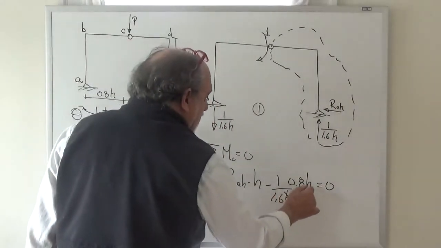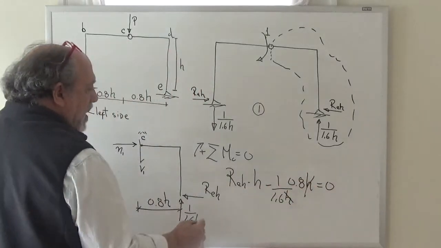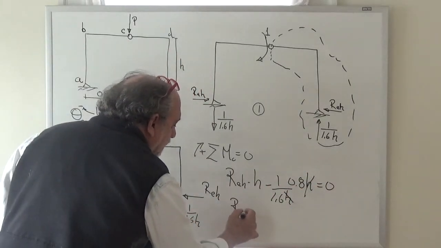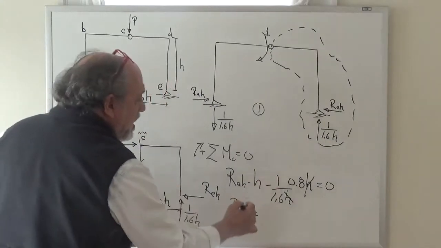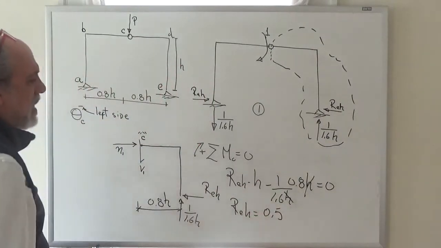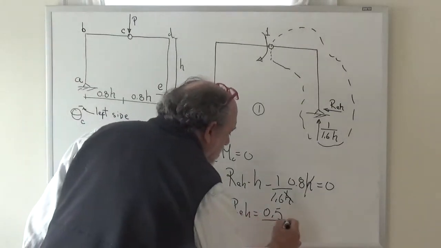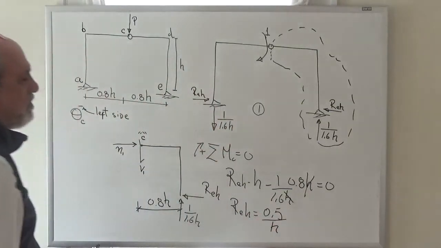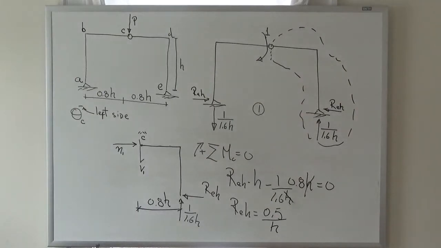These two H's cancel, that's a 1/2, and so we get that REH is positive 0.5, and that's 0.5 divided by H, right?